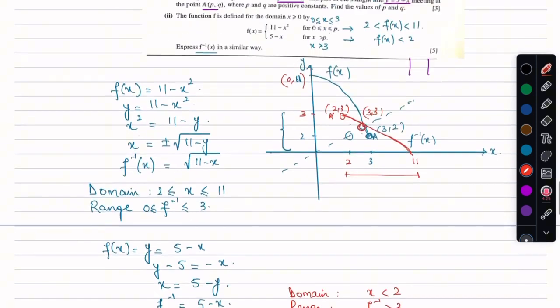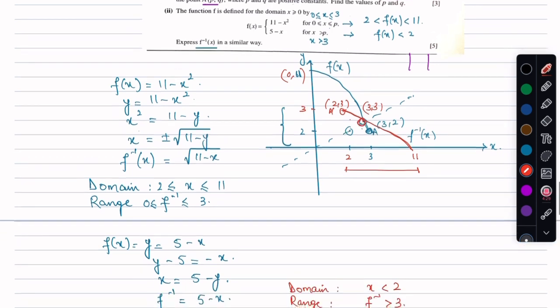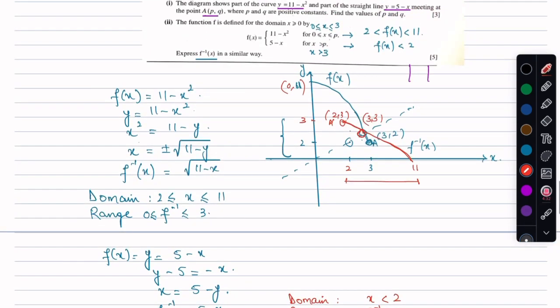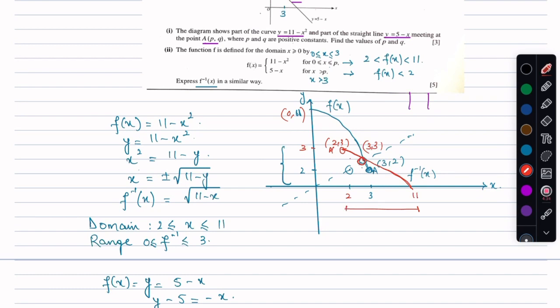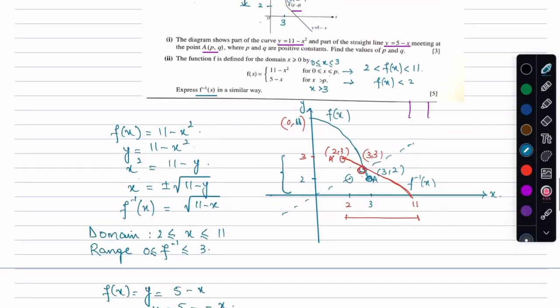Now if I need to express f inverse in a similar way, I should simply say that f inverse shall be equal to, in a similar fashion, the square root of 11 minus x, and for the second part, 5 minus x. So in a similar way, I have to represent the domain.